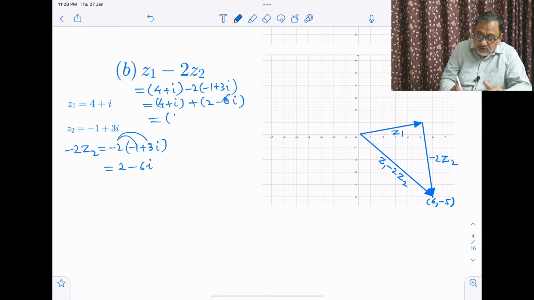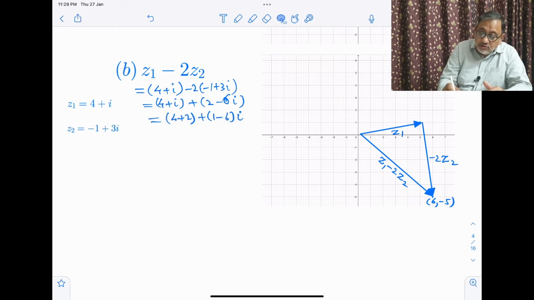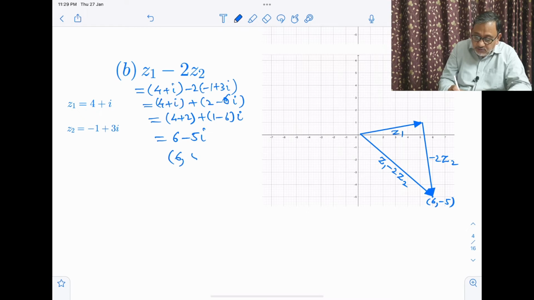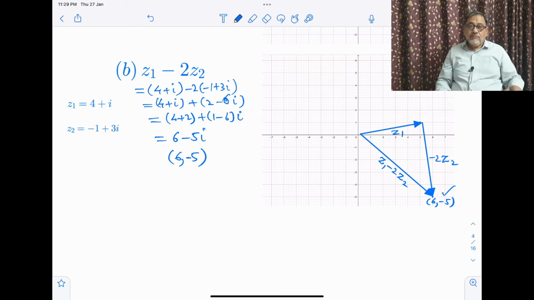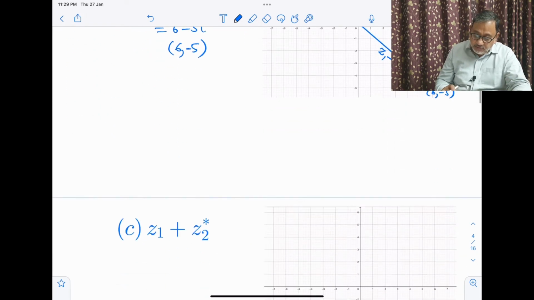So both the real parts together, 4 plus 2, and both the imaginary parts together. So like this I am getting z1 minus 2z2, which will be finally 4 plus 2, 6 minus 5i. And you can guess that it is represented by the point 6 comma minus 5. Okay, so which is correct here. I hope you will remember this, you will understand this, and you will try the other questions.